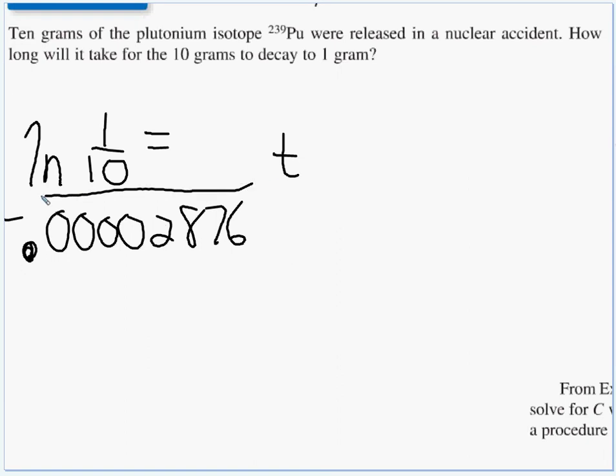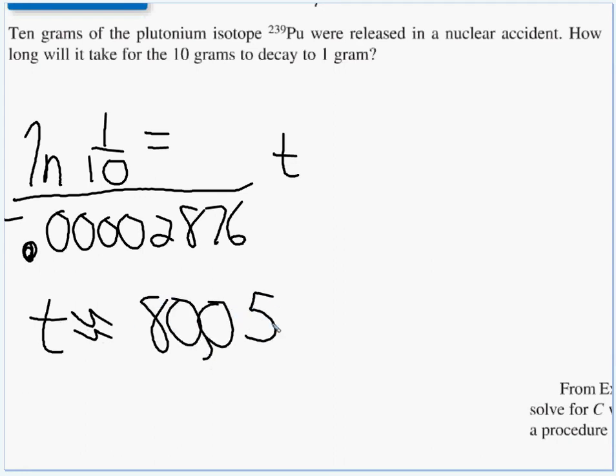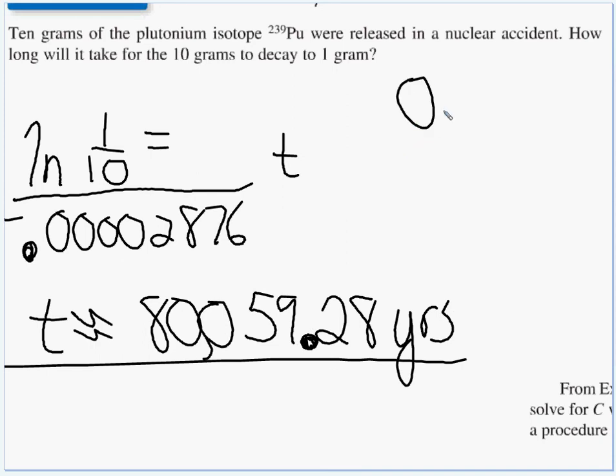So t is equal to the natural log of 1/10 divided by that very small negative number. T is approximately 80,059.28 years. So at time 0, we have 10 grams of plutonium. Every 24,100 years, half of it decays away. To get from 10 grams down to 1 gram, it's going to take just a little over 80,000 years.